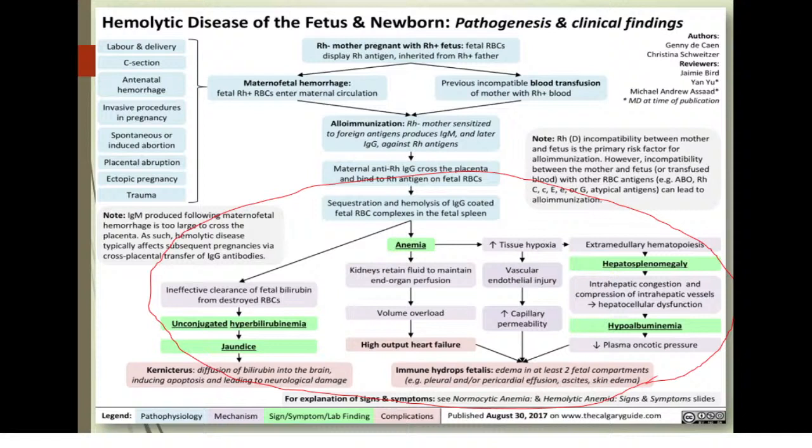This clinical picture of excessive abnormal fluid in two or more fetal compartments, skin, pleura, pericardium, placenta, peritoneum, amniotic fluid, is termed hydrops fetalis, and frequently results in death in utero or shortly after birth.